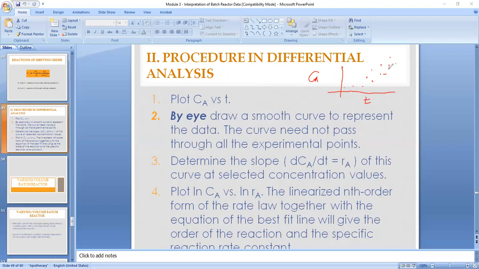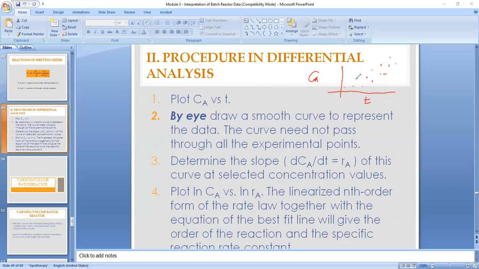Now, from that plot, by eye, that's the phrase that was used by the author, draw a smooth curve to represent the data. The curve need not pass through all the experimental points. So based on the data that you have plotted, you plot the best fit curve. You have to draw it by hand. It does not have to pass through all your data points, but you have to draw it just the same.